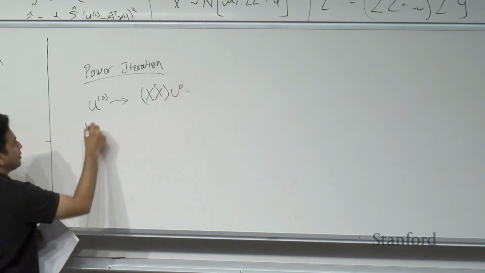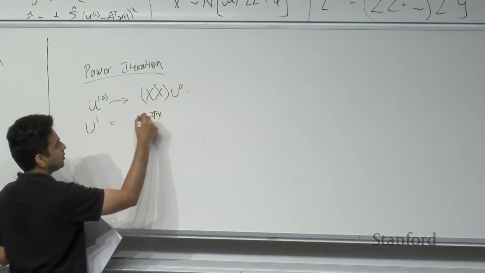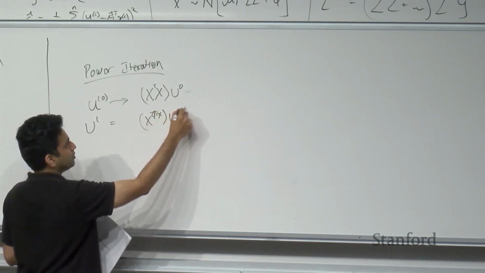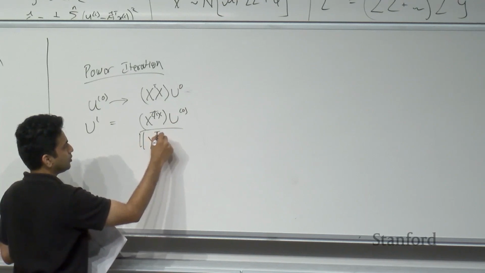So U1 will be X transpose X times U0 divided by the norm of X transpose X times U0.